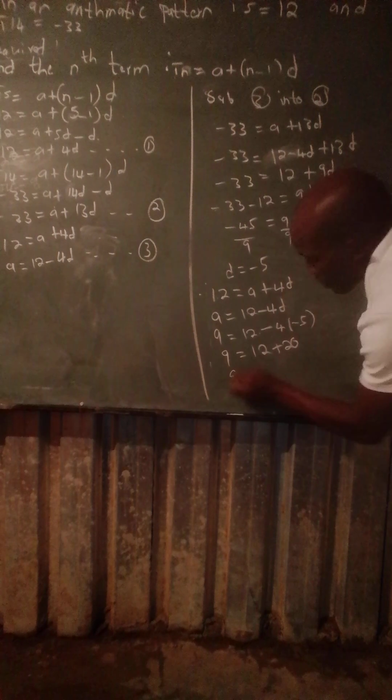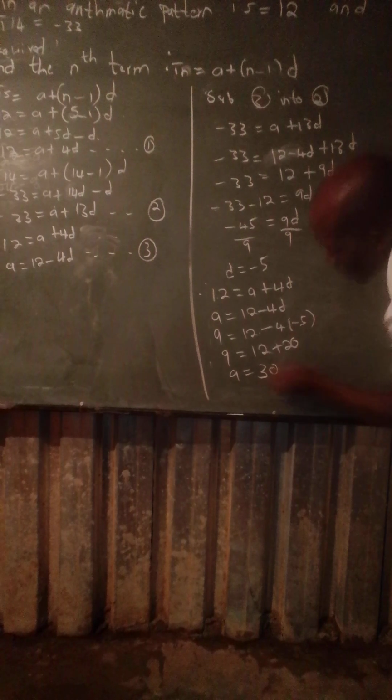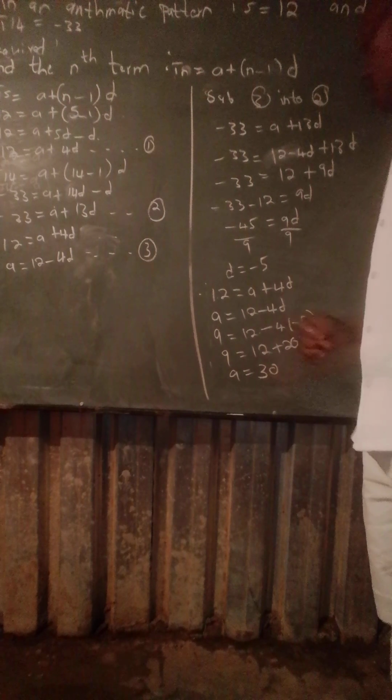Now, the value of a is 12 plus 20, which is 32. It seems like my first term equals 32.